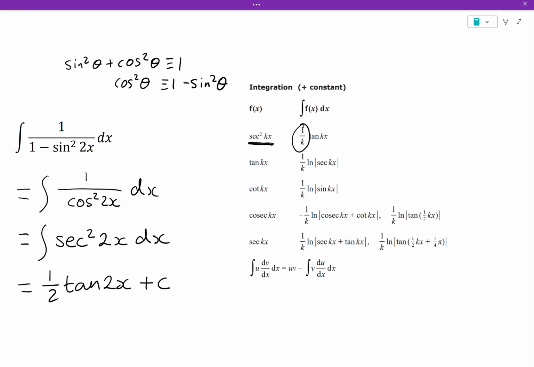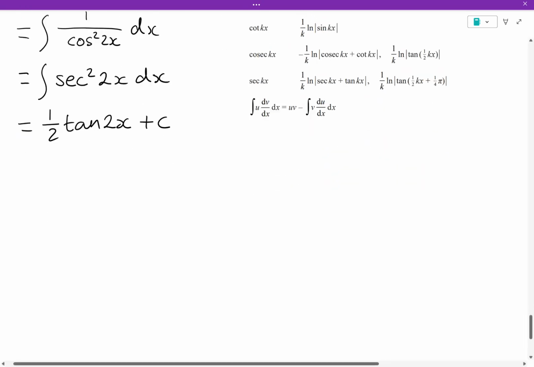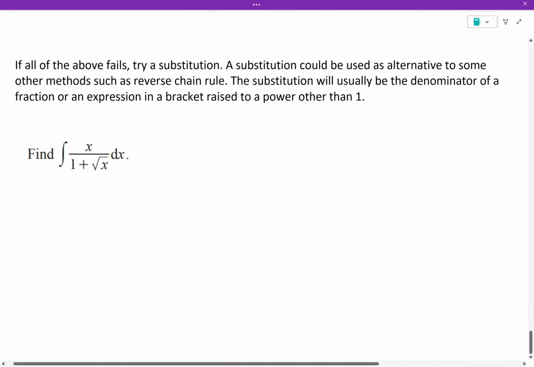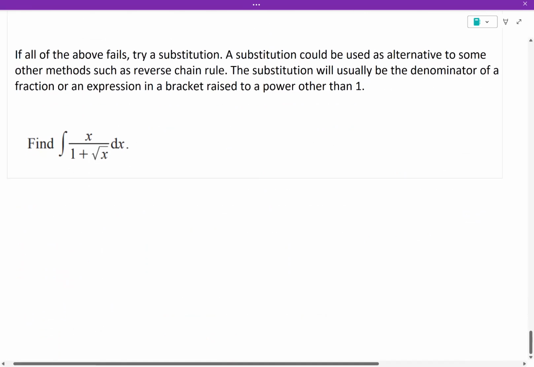So let's have a look at another scenario. This one is pretty much our final scenario, and it's the idea that if all of the above fails, we are going to try an integration by substitution. In terms of why all the above fails, one term in the denominator, clearly not. We've got a 1 and a root x.